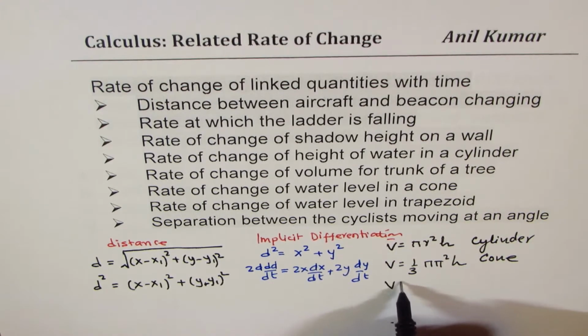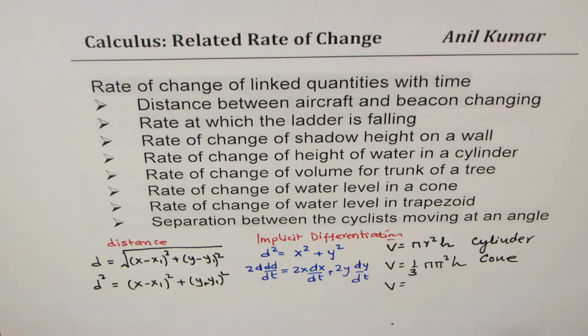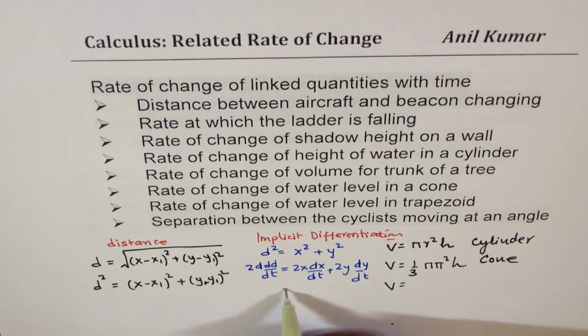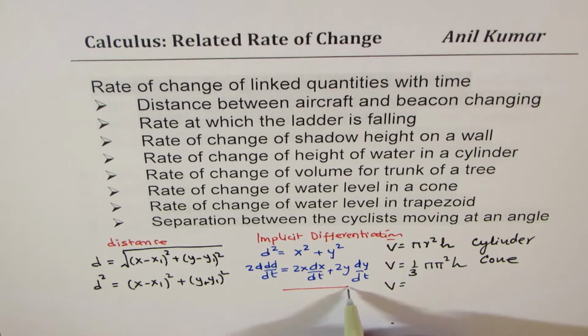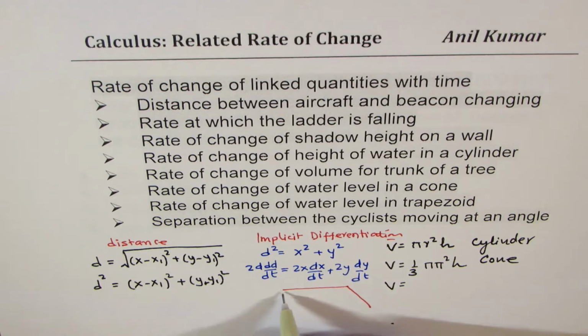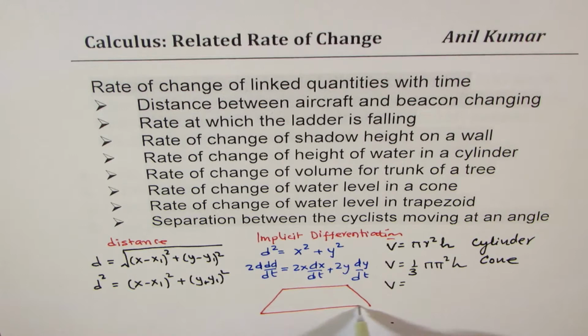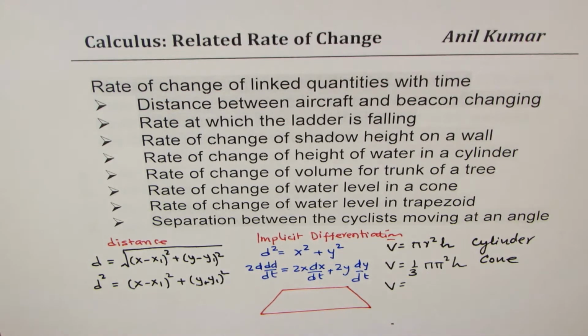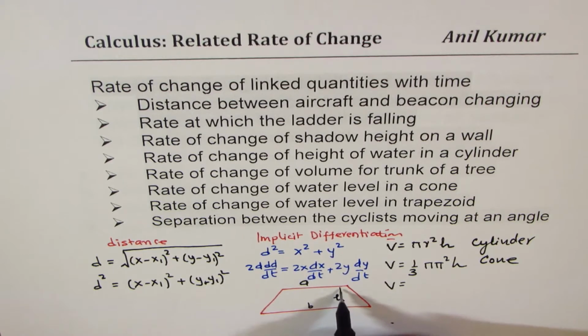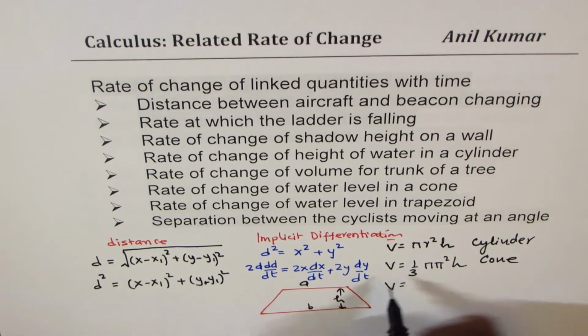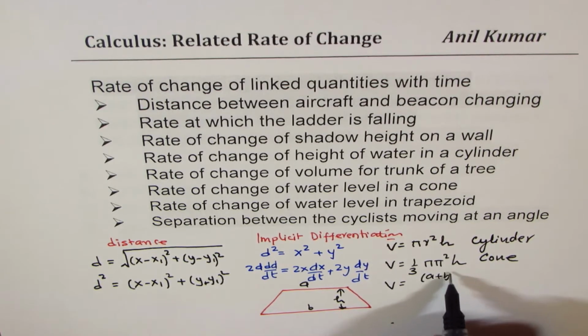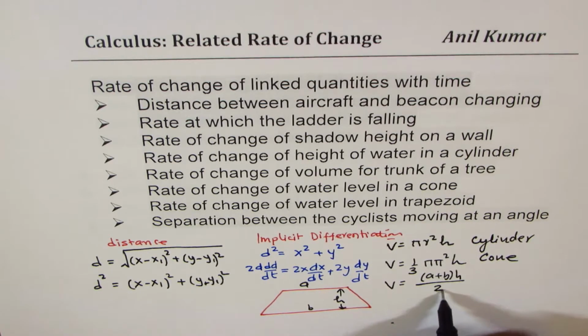Trapezoid. So for a trapezoid, let me sketch one here. We may have a trapezoid which could be kind of like this. The opposite sides are parallel, and if these sides are A and B with height in between as h, then area of cross section will be (A plus B) times height divided by 2.